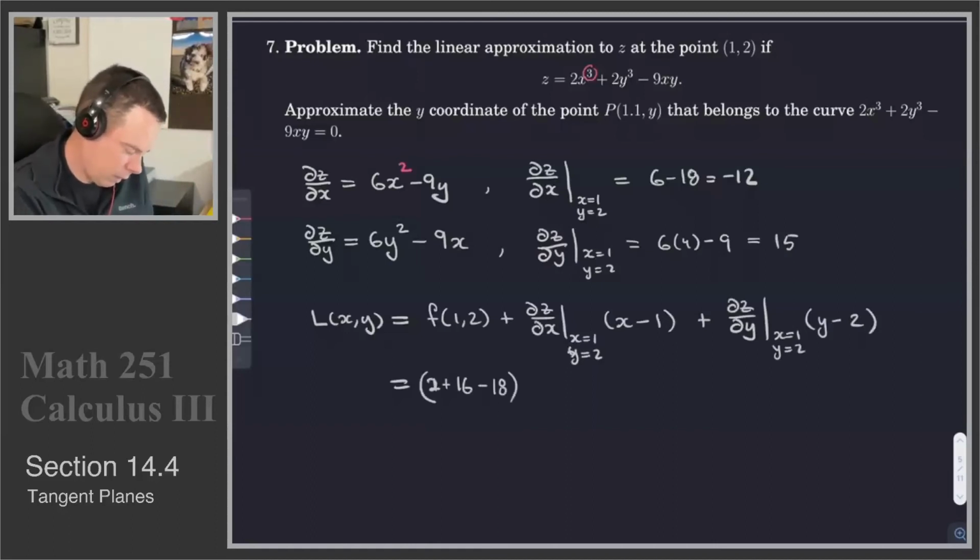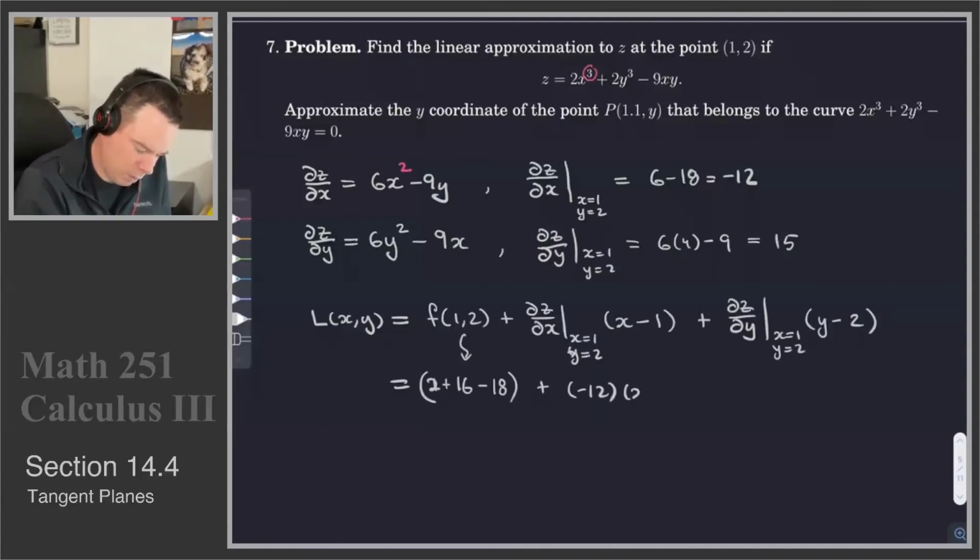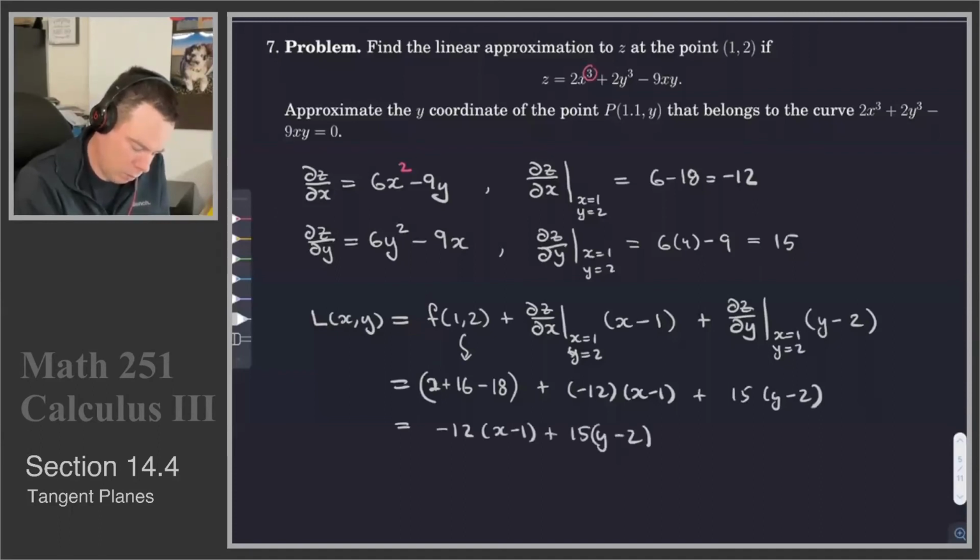And so that's our function value, which ends up being 0, plus negative 12 times x minus 1 plus 15 times y minus 2. So in other words, it's negative 12 times x minus 1 plus 15 times y minus 2.